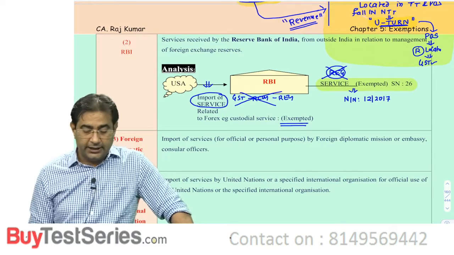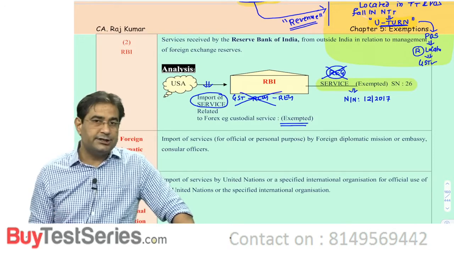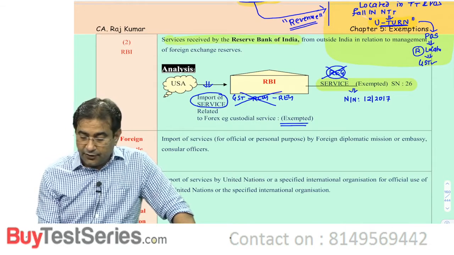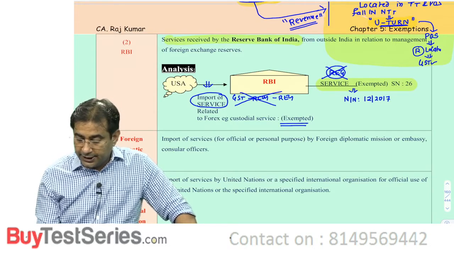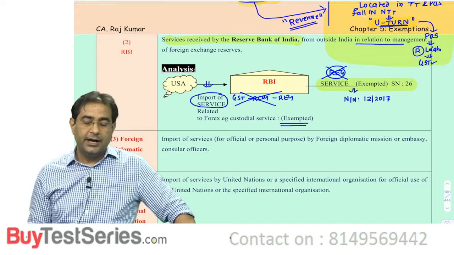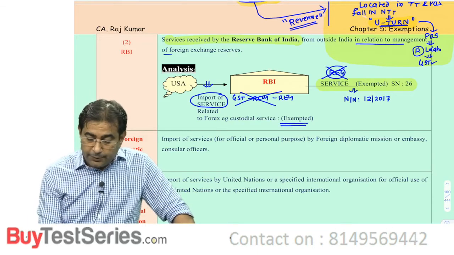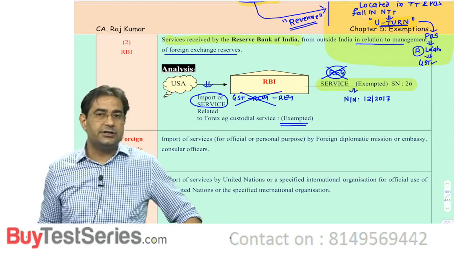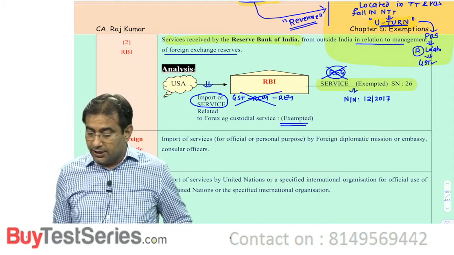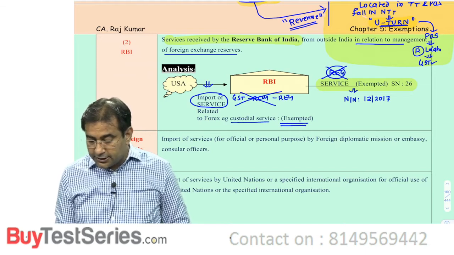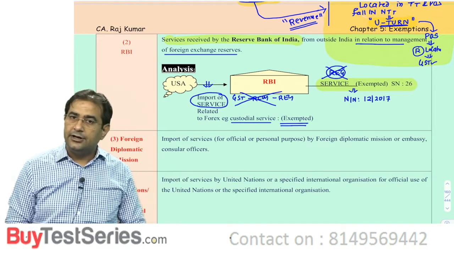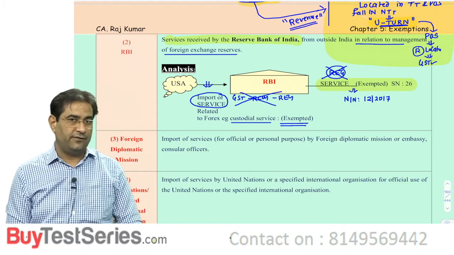So the legal content is here: services received by Reserve Bank of India from outside India. The most important line is in relation to management of foreign exchange reserves, for example, custodial services that are taken by Reserve Bank of India.